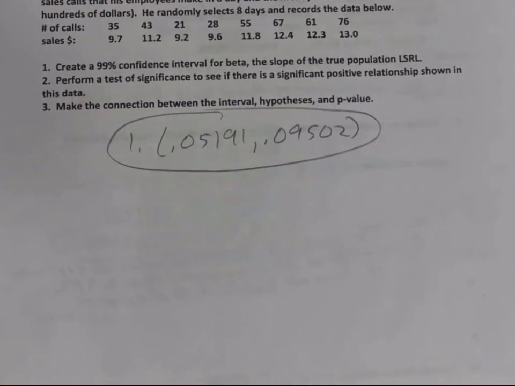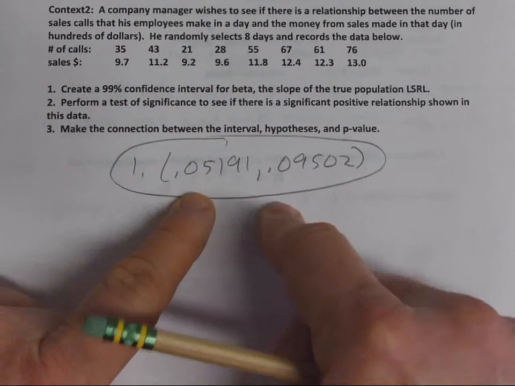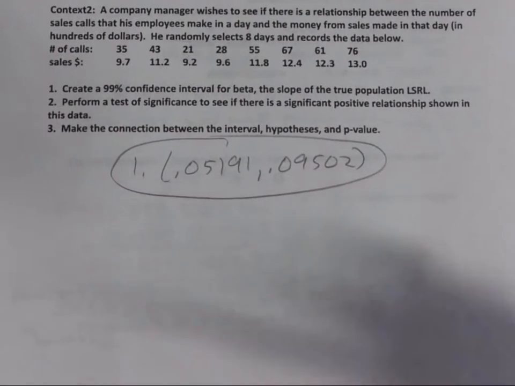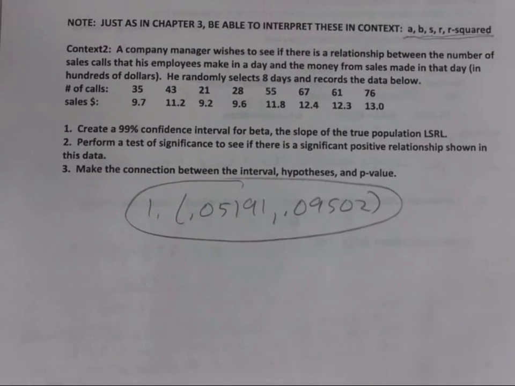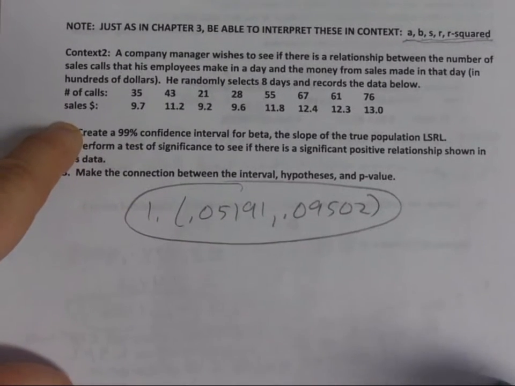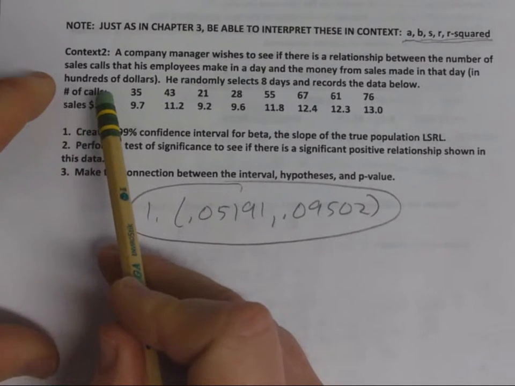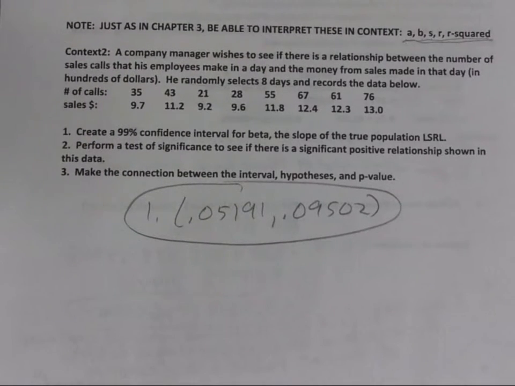Our ending would be: we are 99% confident that beta is in this interval, or that this interval captures beta, and then we say what beta is. The slope of the true population least squares regression line between number of calls and sales for this company. So that's how you do that.